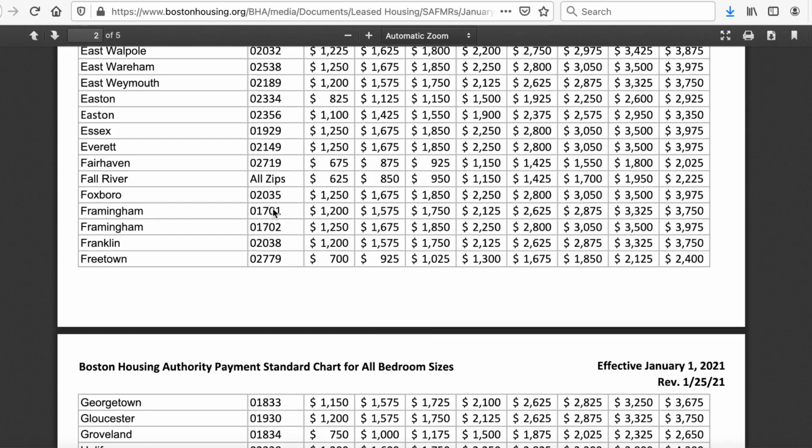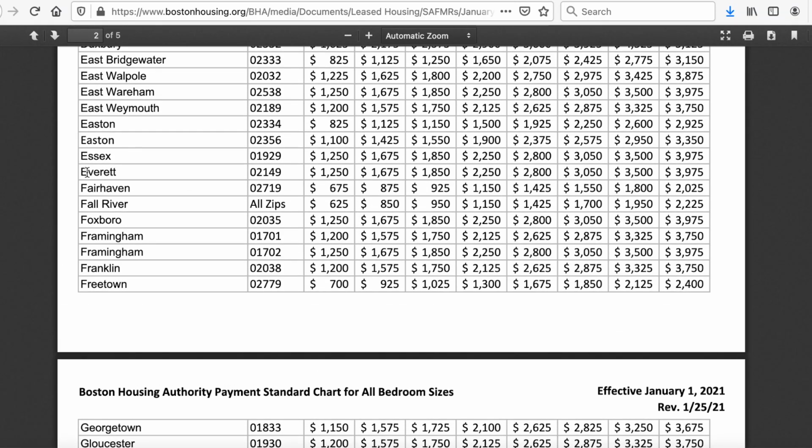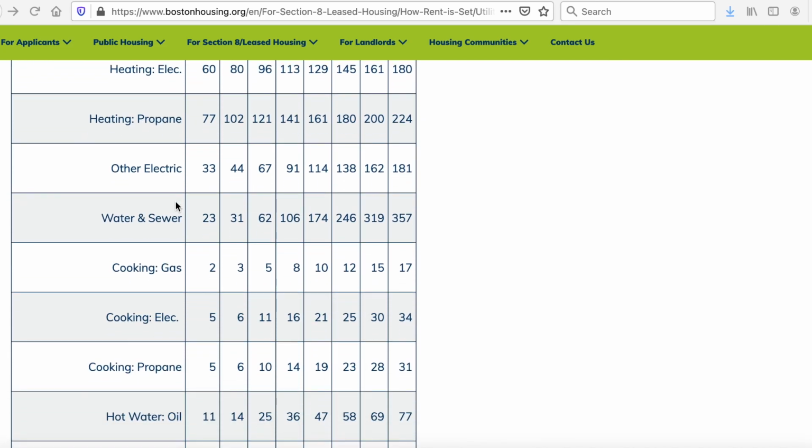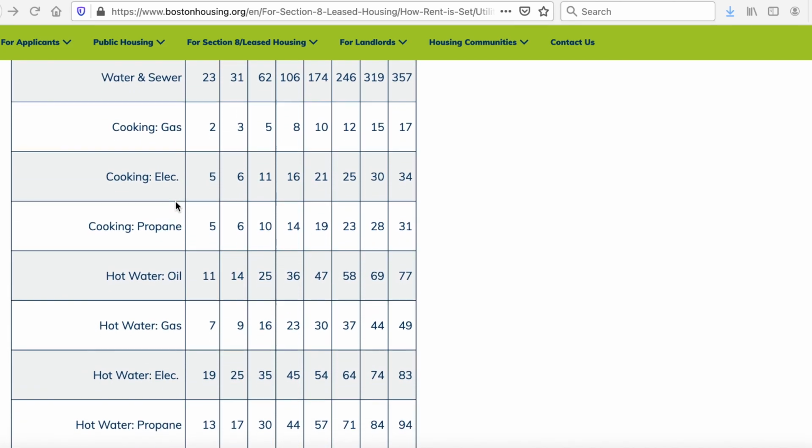If we pull up Everett on that specific site, it'll have a price for a studio, 1-bed, 2-bed, 3-bed, and it'll even take into account whether the tenant is or is not paying utilities, and it'll split up if it's an electric utility or a gas utility. All of those numbers can give you a good idea of what the market rent should be, or potentially if the Section 8 rent might be more than the market rent in that area.